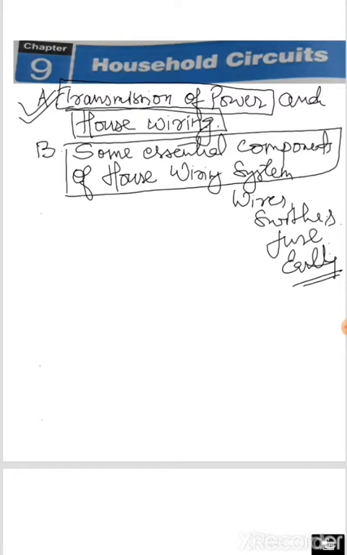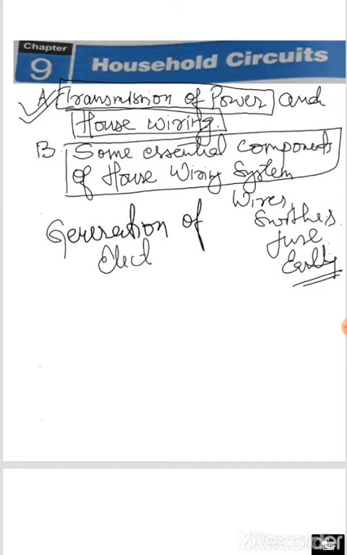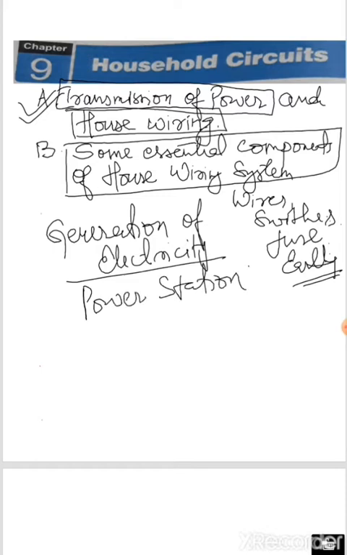How is electricity generated? Now, electricity is generated usually in a power station. So generation of electricity usually takes place in a power station. It's a place where electricity is generated.